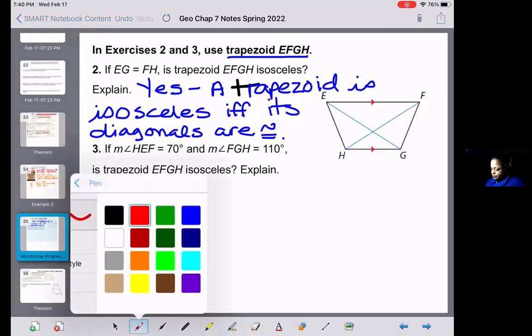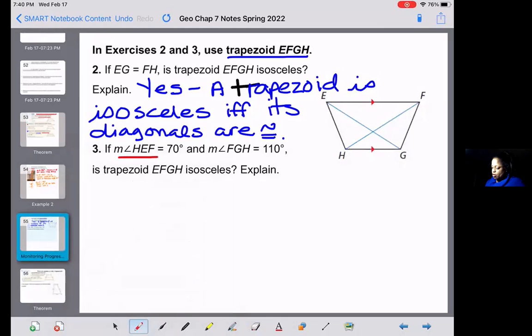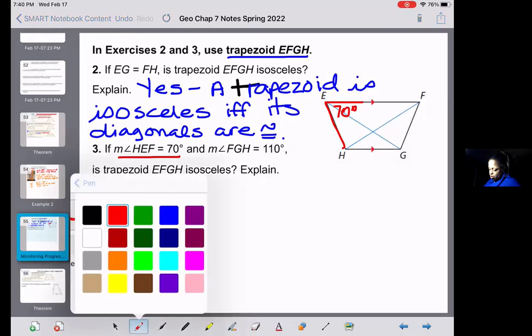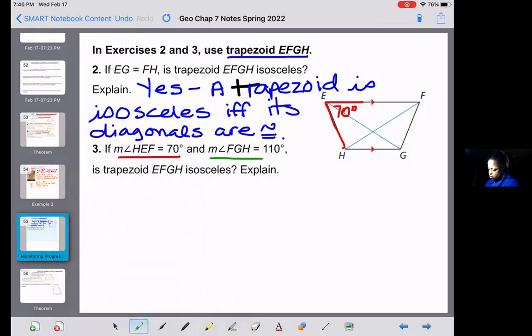Next problem. If measure of angle HEF equals 70, HEF, so this entire thing is 70 degrees, and measure of angle FGH is 110, FGH.